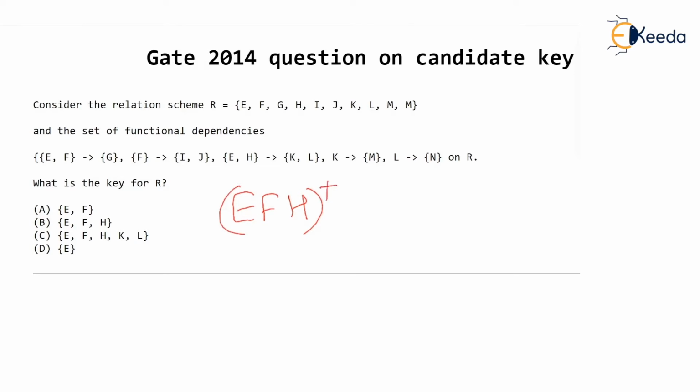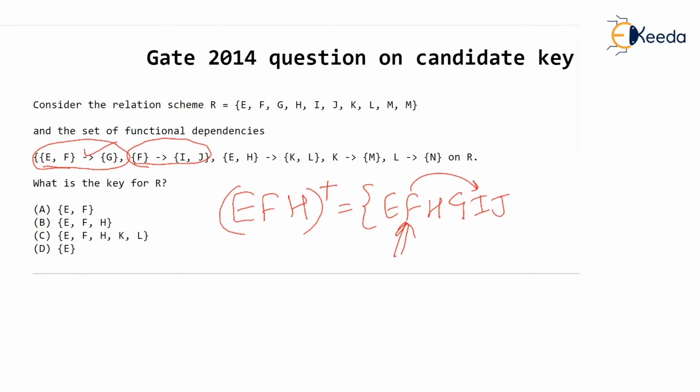EFH plus will definitely contain EFH. Yes, everyone. Now look, E and F together will bring G. Okay, G joins. Then you see F will bring in I and J, because F is in the closure.